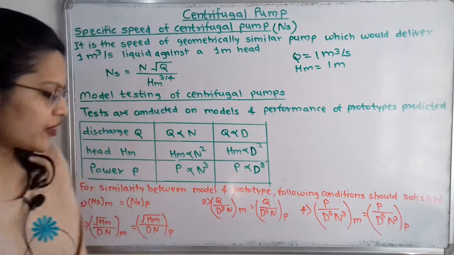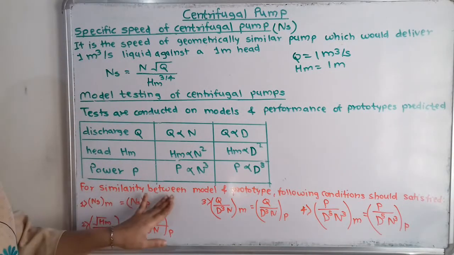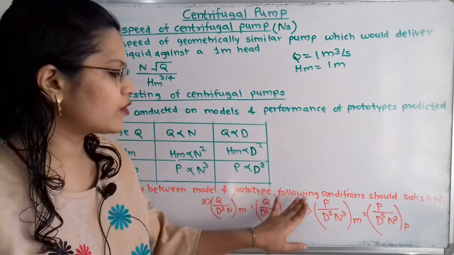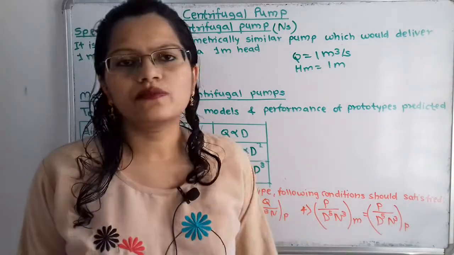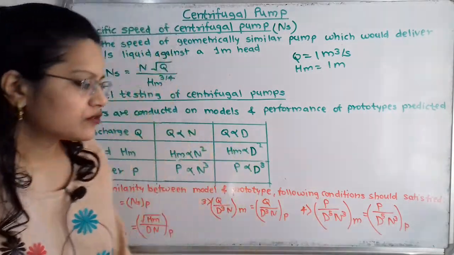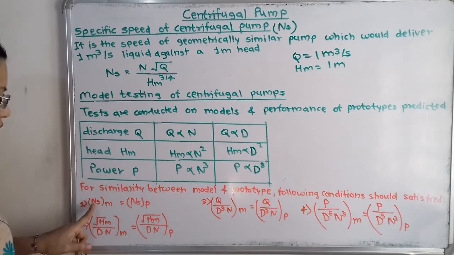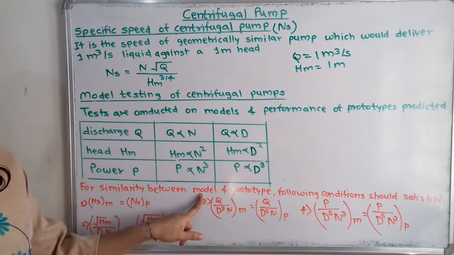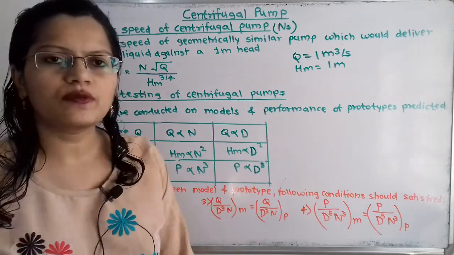Now we will move to the conditions. For similarity between model and prototype, the following conditions should be satisfied. We will use suffix m for model and suffix p for prototype.